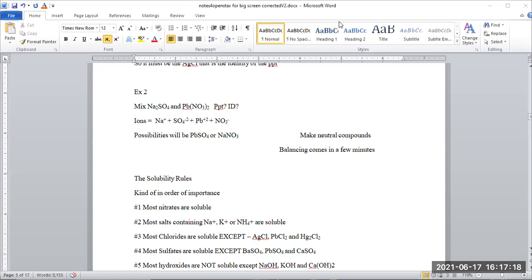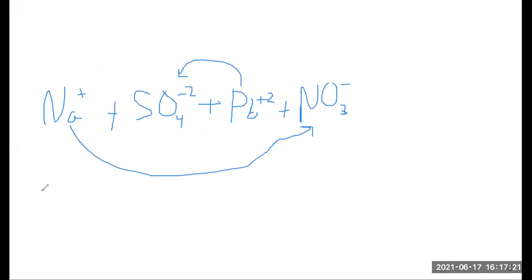All right, so back up to the lead sulfate thing. So let me switch back over. All right, so I made lead sulfate as one of my possibilities. The other possibility being sodium nitrate. So look at your second molecule here. Look at your sodium nitrate. You can eliminate this as a possible precipitate using either of the first two rules, okay?